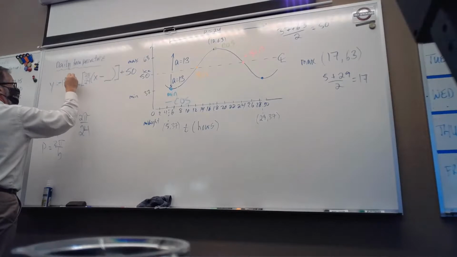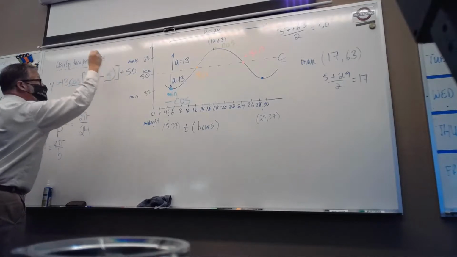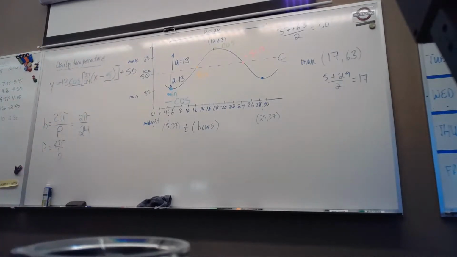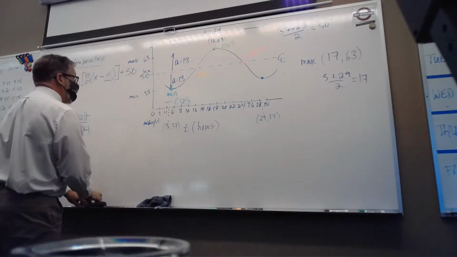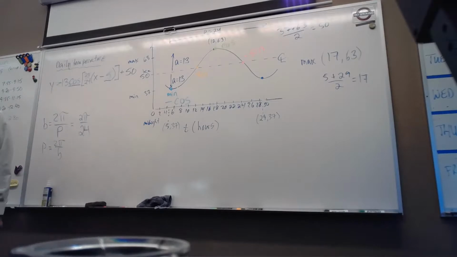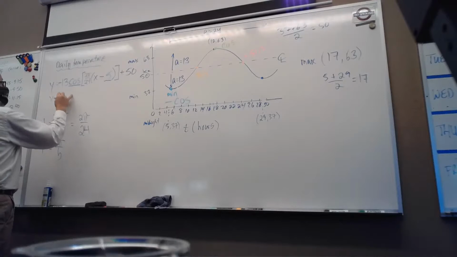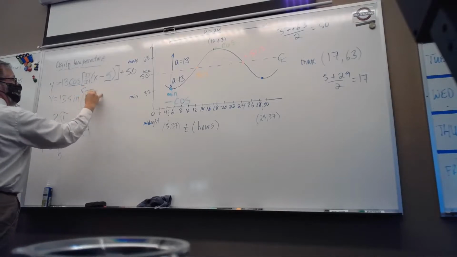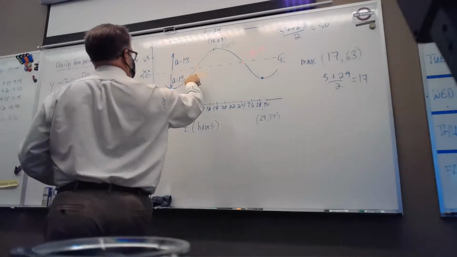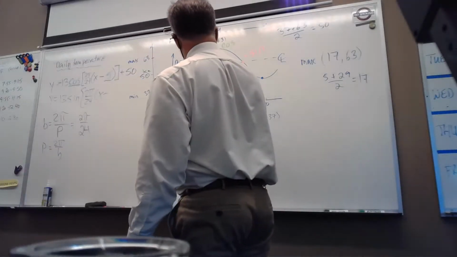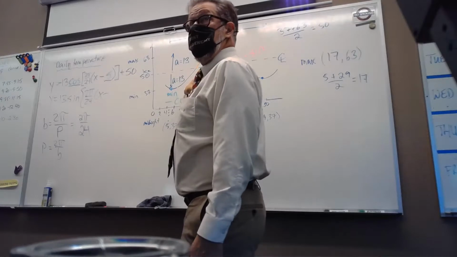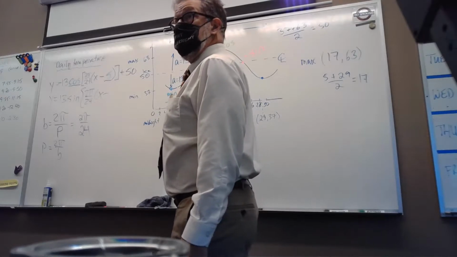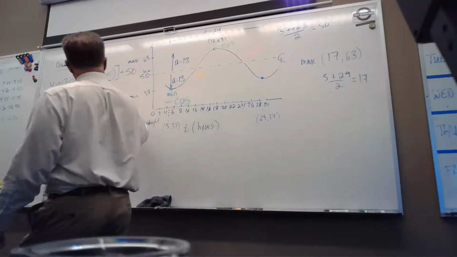Negative cosine 5. Or, if I really wanted to, because I was told, draw a sine function for this, I could say y equals 13 sine 2 pi over 24 x minus halfway between 5 and 17. 11.